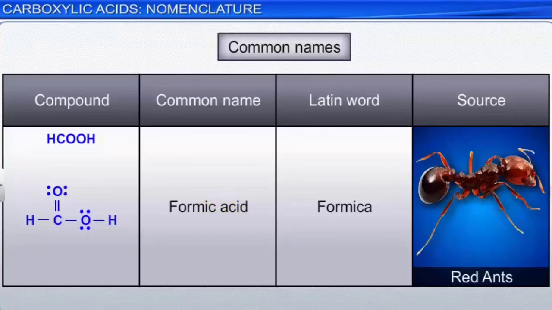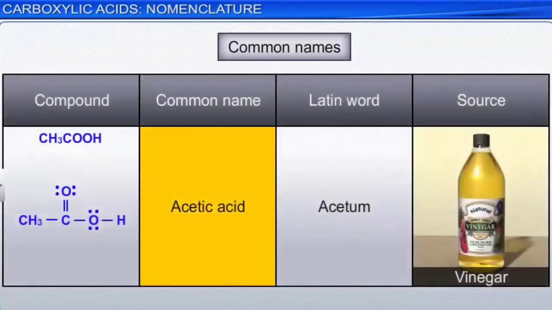For example, the name formic acid, HCOOH, is derived from the Latin word formica, which means red ants, while acetic acid, CH3COOH, is derived from the Latin word acetum, which means vinegar.